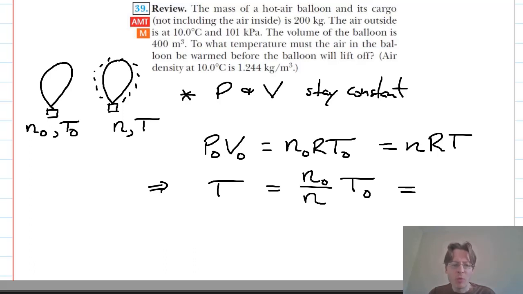Notice that the number of moles is proportional to the density of the gas. So it's going to be simpler to write N naught over N as the initial density divided by the final density. Okay, I still don't know what the densities are, but to do that, I'll have to use Newton's laws. So now I'll think about buoyancy.